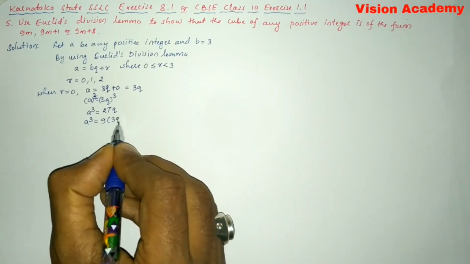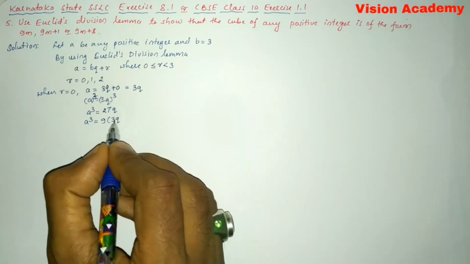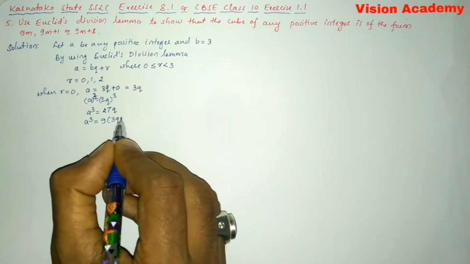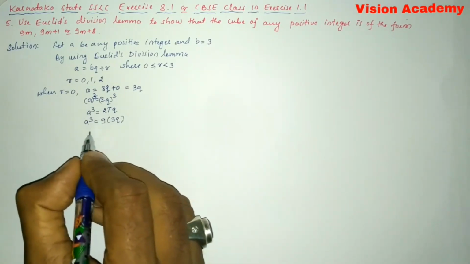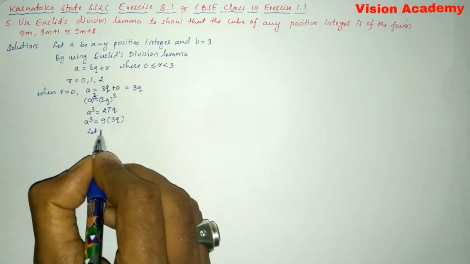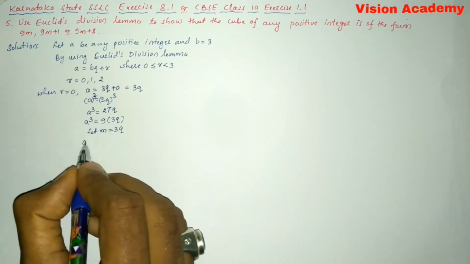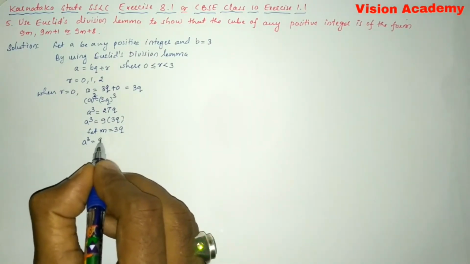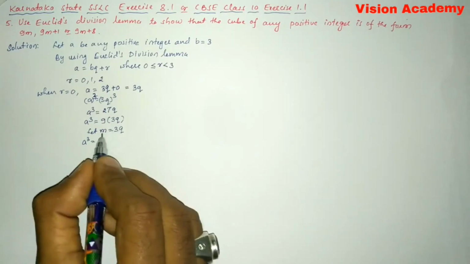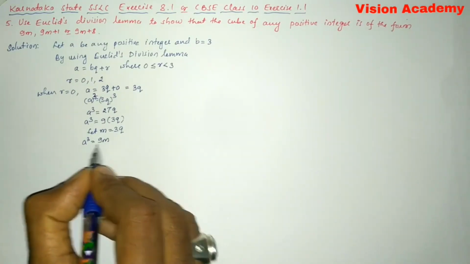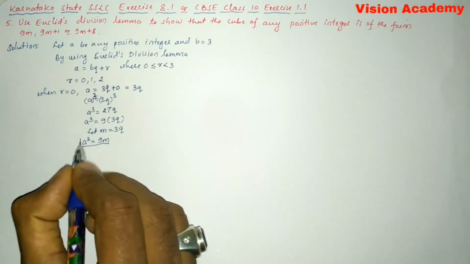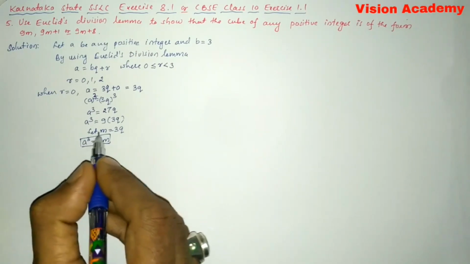So here inside the bracket we'll write 3q. Now we'll write, let m is equal to 3q. So this gives us a cube is equal to 9 and this 3q is replaced by m. So this gives us a cube is equal to 9m.